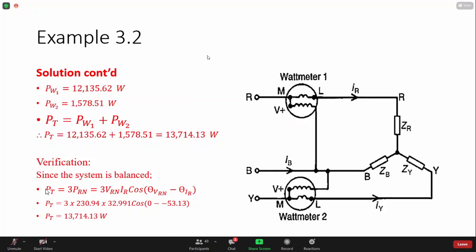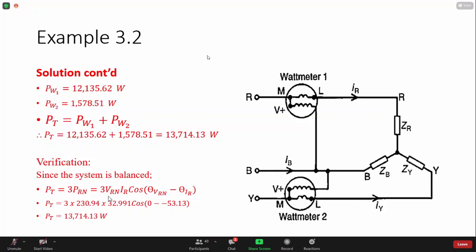All right, so let's verify what we have. We know what the phase power was, 3 VR we used for the red phase. It's 3 V phase, I phase, cos theta for that phase. So 3 VRN times IR cos theta VRN minus theta IR.